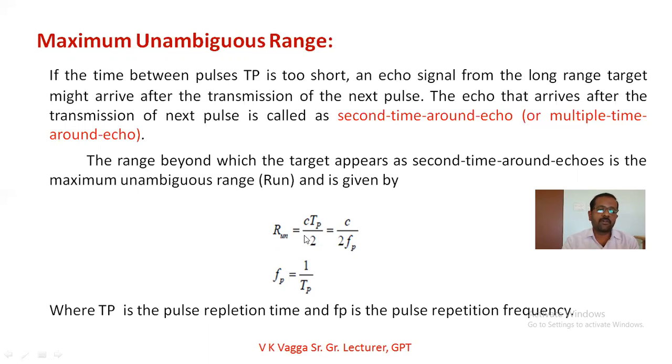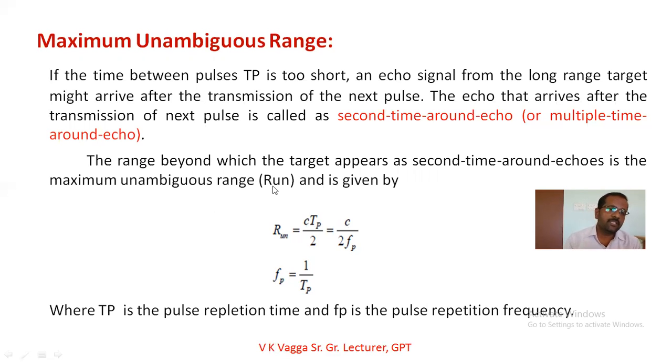It is given by the formula R UN is equal to C TP divided by 2, where C is a constant value and T is the interval time period. Already you know that T is equal to 1 divided by F, and if it is placed in this equation, R UN is equal to C divided by 2 F P.